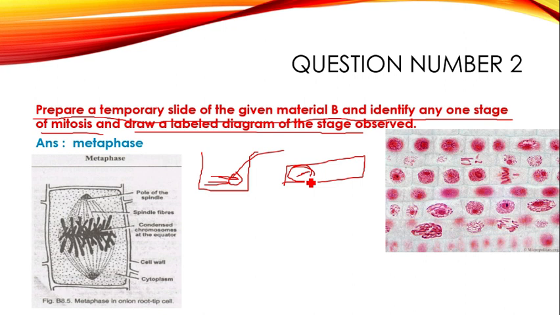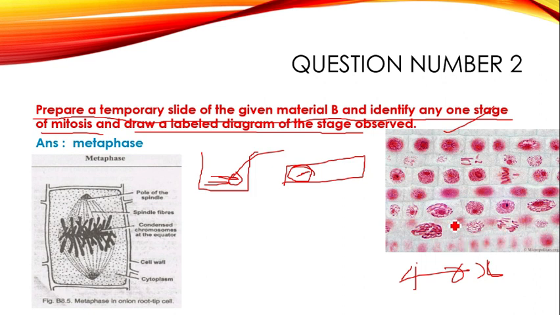Hence here we have to use acetocarmine. After the preparation of the slide, you can see the slide like this under a compound microscope. If you use 40x, then you can easily observe this slide. With 10x you can't see properly, hence use 40x.